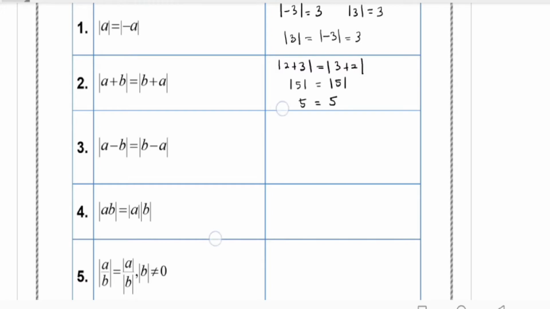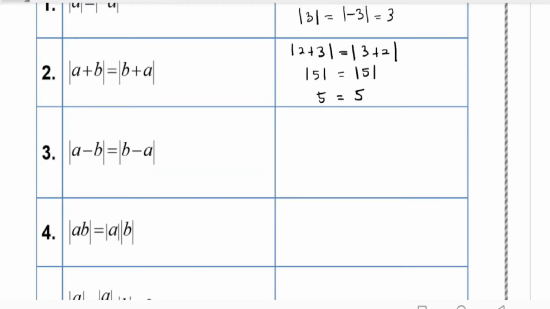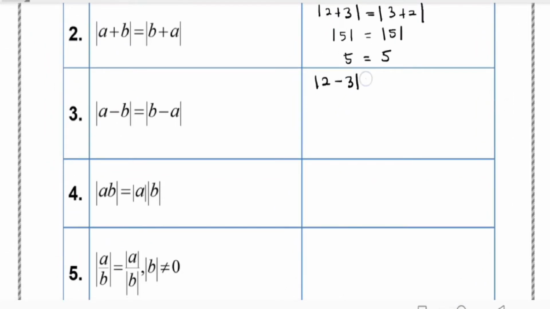The third property: absolute value of A minus B is equal to the absolute value of B minus A. So, for example, if we have absolute value of 2 minus 3 and then absolute value of 3 minus 2, switching the numbers. So on the left hand side you get absolute value of -1, and this one you get absolute value of 1.